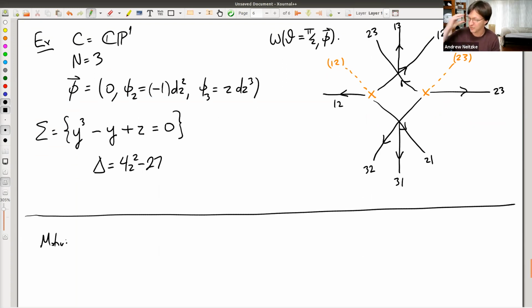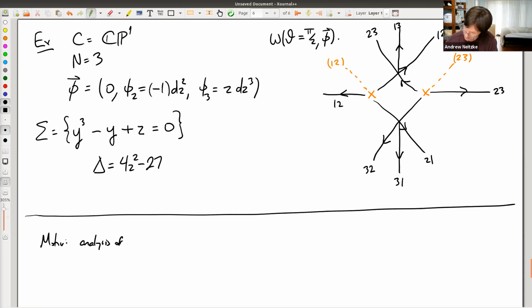So the data that we had here of a bunch of differentials defines a spectral curve, but it's also what you would need if you wanted to write down some kind of ordinary differential equation.